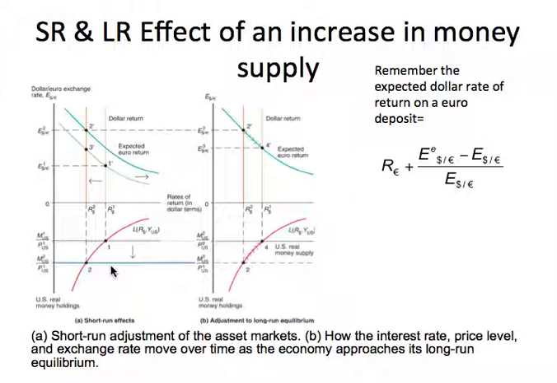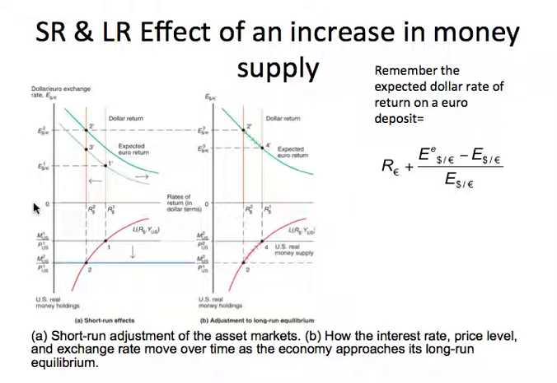Therefore, the demand for US currency, that is the demand for dollars, is going to go down, and we know that when the demand for a good goes down, the price of that good also goes down. So the value of the dollar goes down. In other words, the exchange rate increases from E1 to E2. Remember, this is just how we define the exchange rate, and therefore, whenever there is a depreciation of a currency, the exchange rate increases.